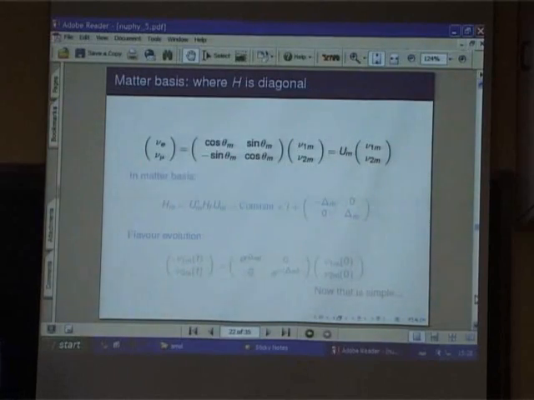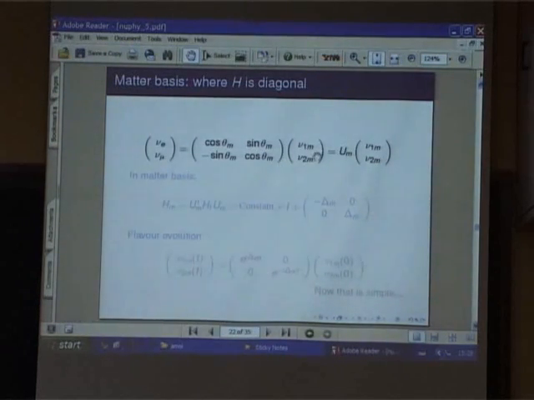Constant density, I know we are talking constant density. Just like I had nu1 and nu2 as mass eigenstates in vacuum, now I have nu1m and nu2m, which are mass eigenstates in matter. And they will always exist. Those will always be diagonal as a matrix. So these two, nu1m and nu2m, are my mass eigenstates in matter.